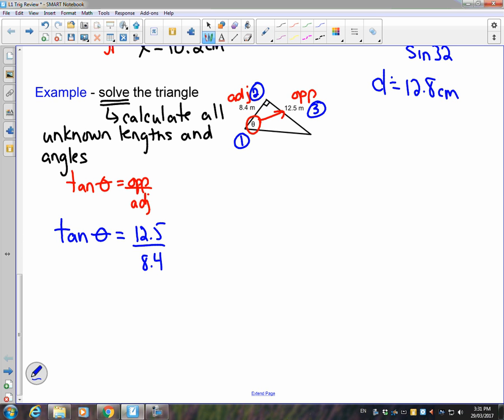Now, to calculate an angle is a little bit different than to calculate a side. To calculate an angle, you must do the inverse function, inverse tan, inverse sine.